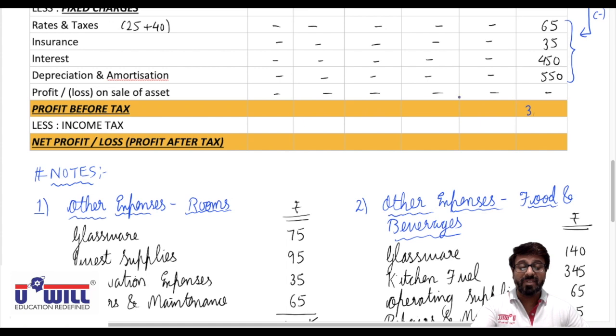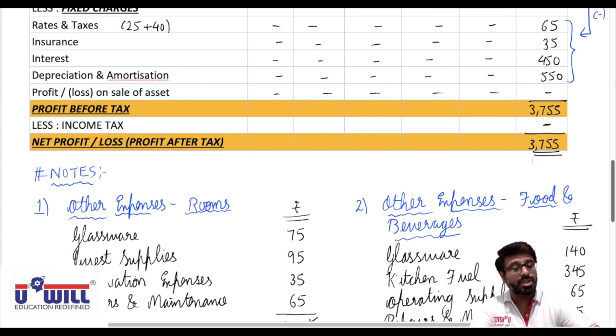That is profit before tax. Now income tax we don't have, so profit after tax or net profit is also 3755. This is your final answer. I hope everyone is clear with this.